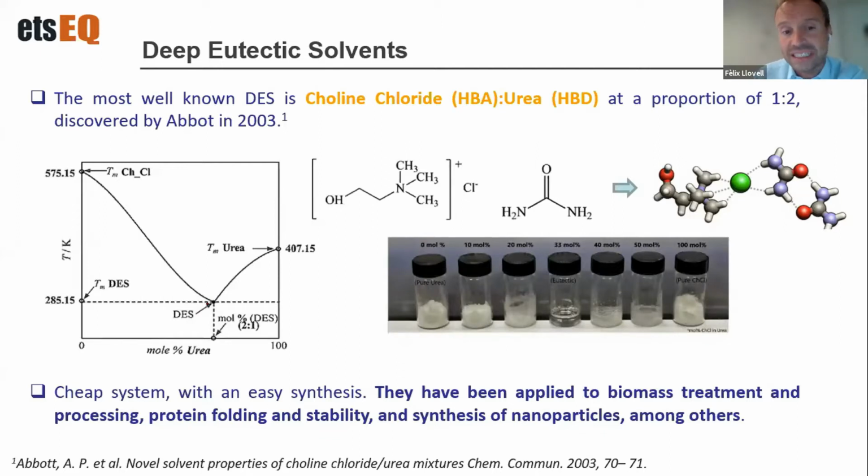And it is not necessary to have a particular proportion to get a eutectic mixture. Also, more importantly, it is not extremely necessary to work at the lowest temperature. It is important to work in a range of composition where the mixture is a liquid. That's the important thing, to be liquid in the area of the operating temperatures of our process.